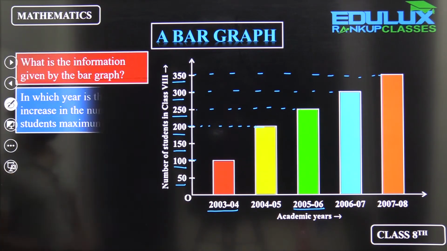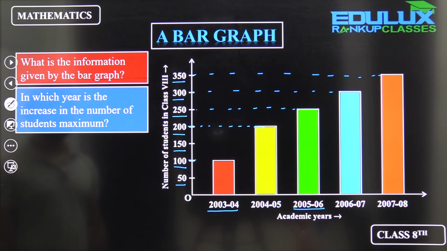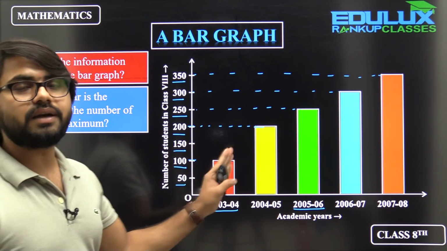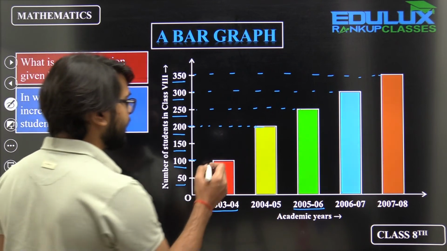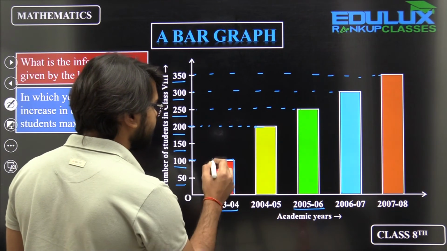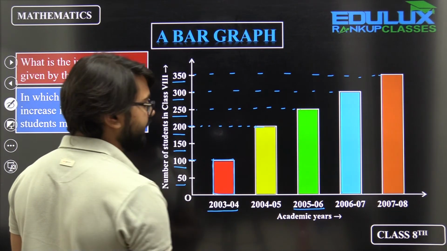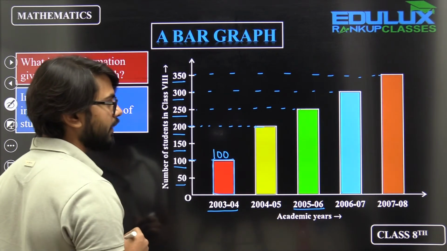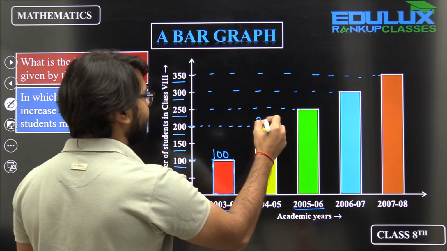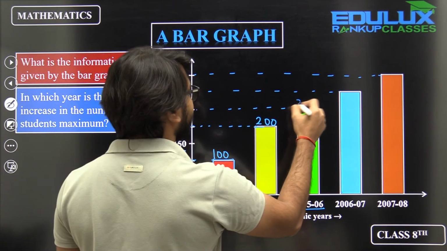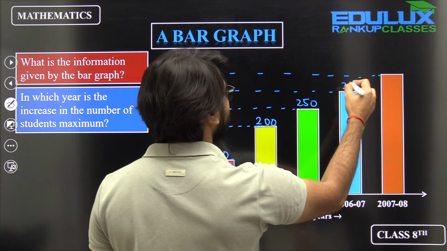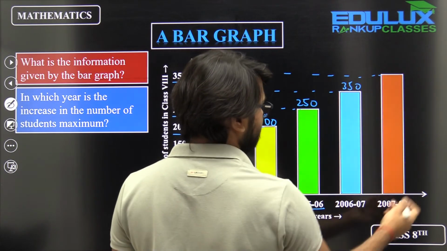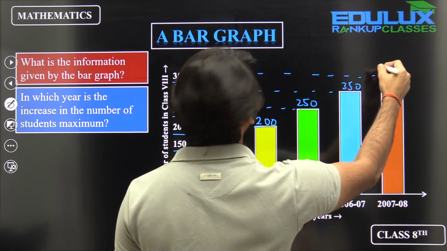Next question: in which year is the increase in the number of students maximum? We can compare the different years. This bar is of the minimum height, which means there were only 100 students in this year, but in the next year 200 students were there, then 250, then 300, and in the last year, 2007 and 8, 350 students.